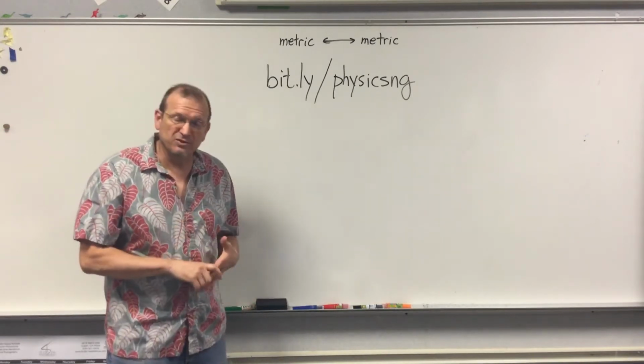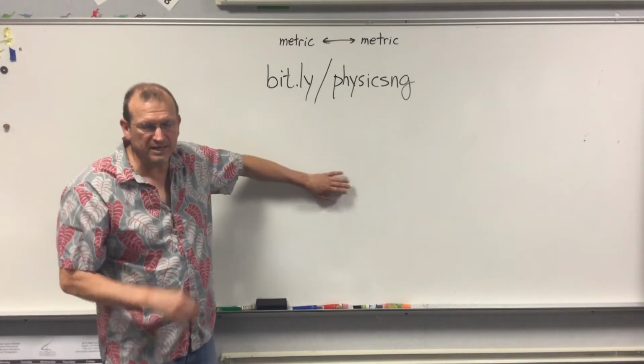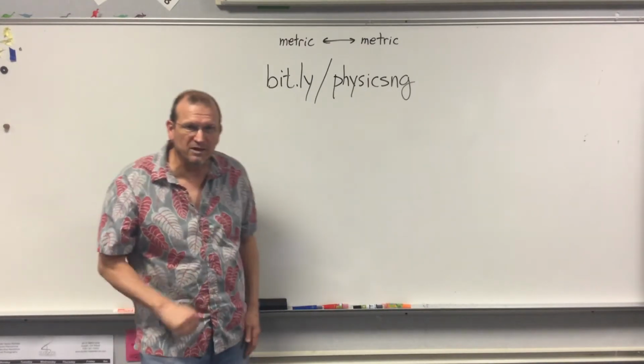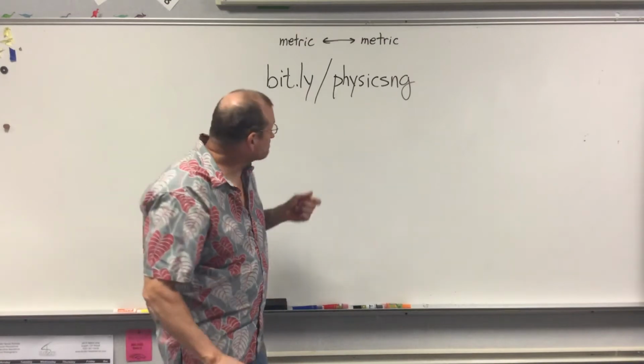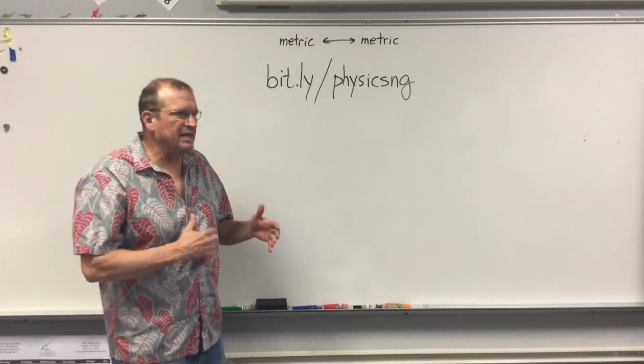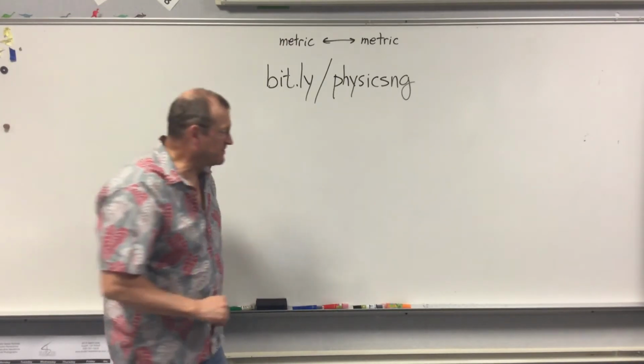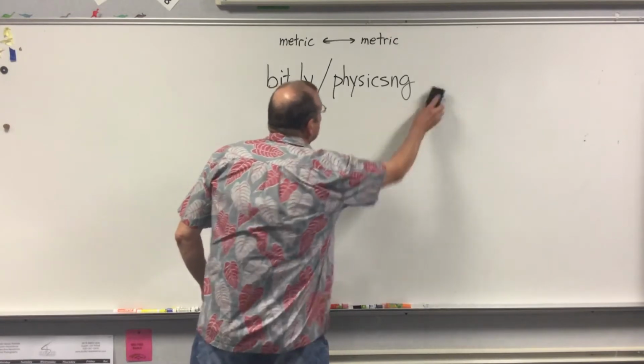One is called conversion factors, which has a compilation of the conversion factors that I put up on the whiteboard in the last video, and there is another one that's called metric prefix worksheet that is some practice that you can do based off what you're going to see in this video here now.